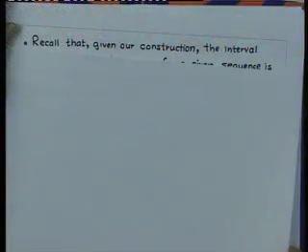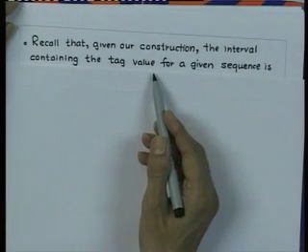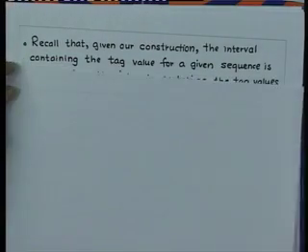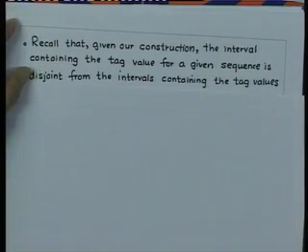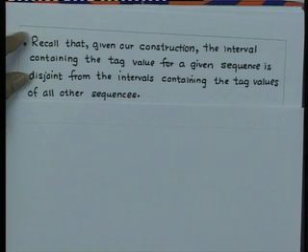Let us now recall that given a construction, the interval containing the tag value for a given sequence is disjoint from the intervals containing the tag values of all other sequences. This we have seen.